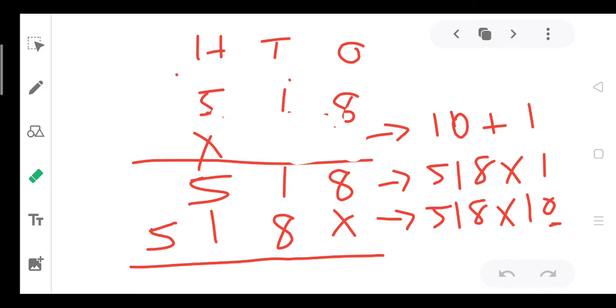And now we will add it. 8 plus nothing 8, 8 and 1 9, 5 and 1 6, and 5 plus nothing 5.